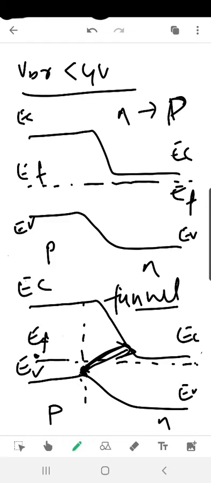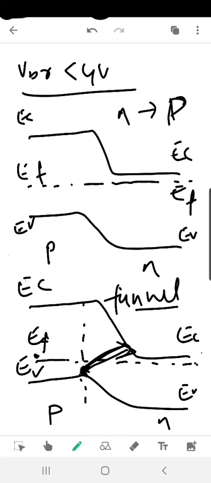When we are talking about tunneling, the probability of tunneling of an electron depends upon the width of the barrier. If the width of the depletion region is very short, which happens when the doping is high.